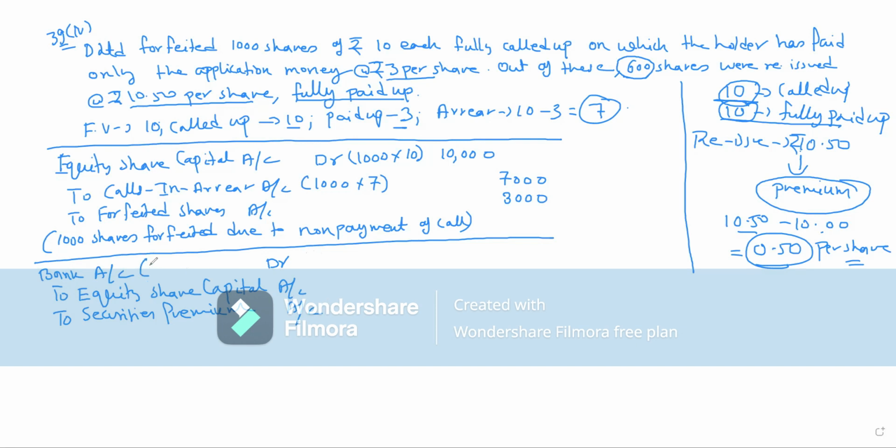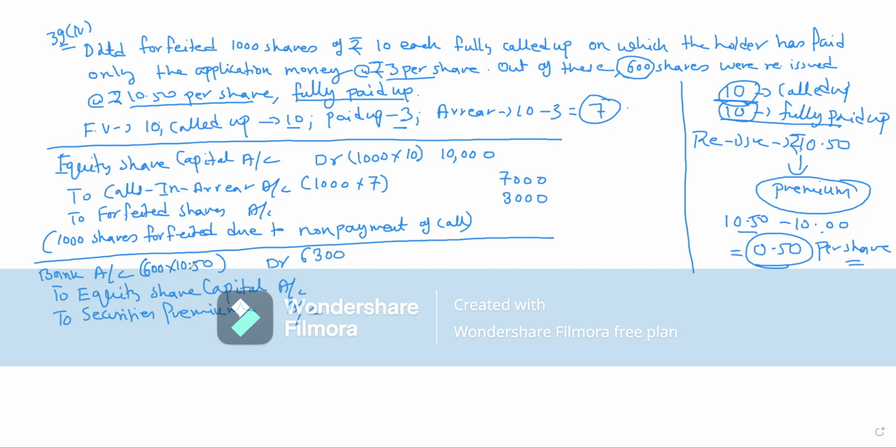Now how many shares were reissued, children? 600 shares reissued. At what price? 10 rupees 50 paise. So 600 into 10 rupees 50 paise is how much? 600 into 10.5 is 6,300. Reissued at 10.5 rupees, so how much did you receive? 6,300.